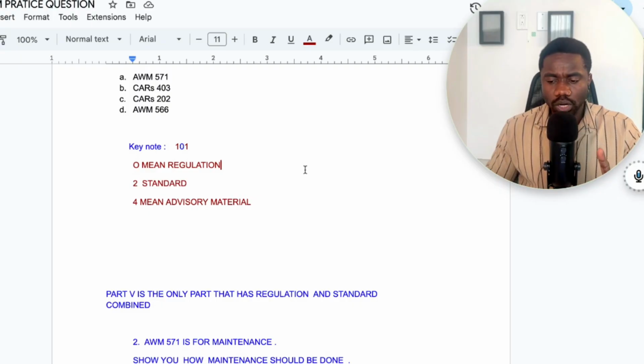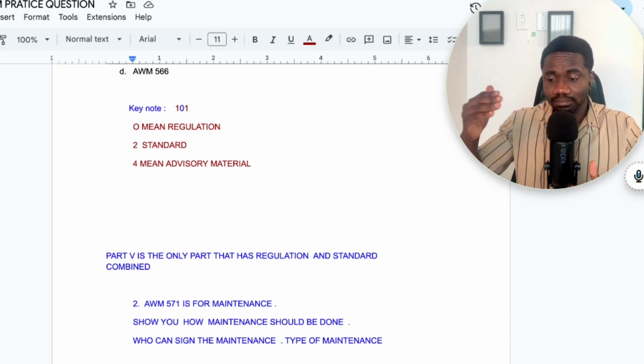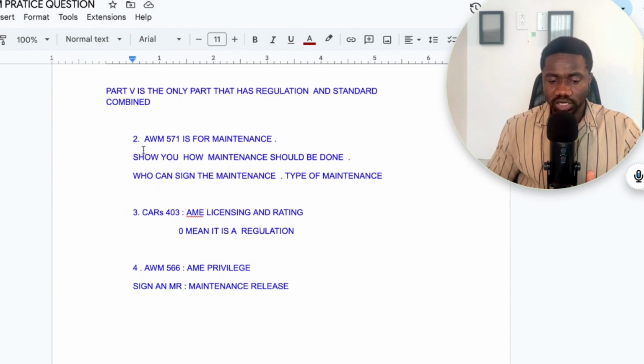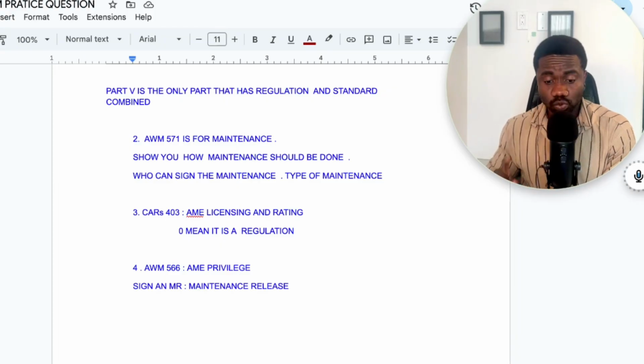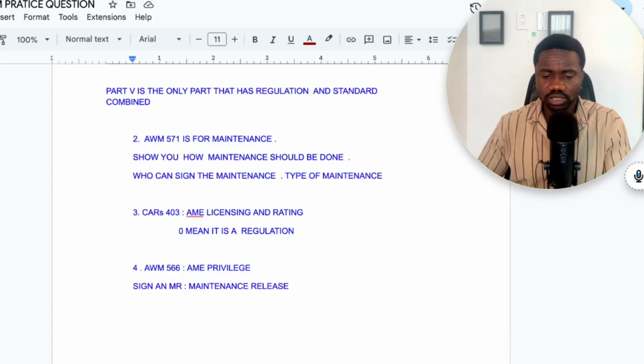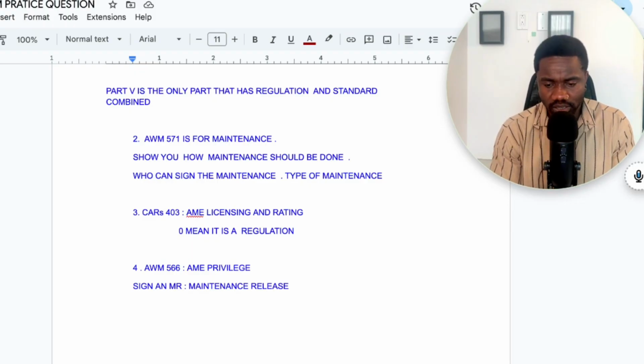But there is one part that has a different type of numbering, and that is Part 5. Part 5 is a really unique part, and this is one question they can ask you in your examination: which part has the combination of regulation and standard?